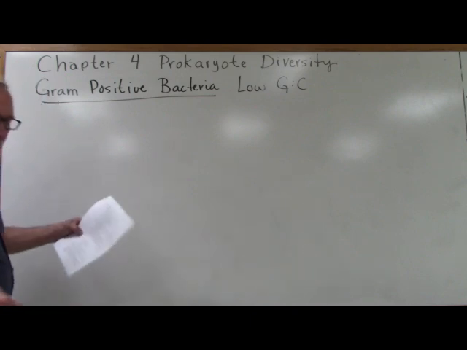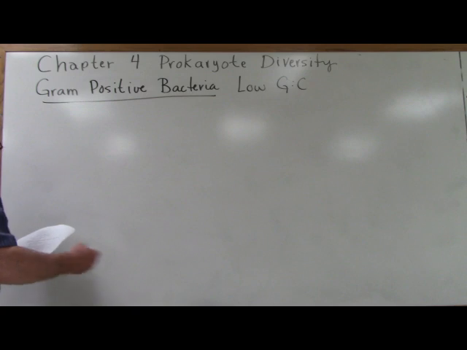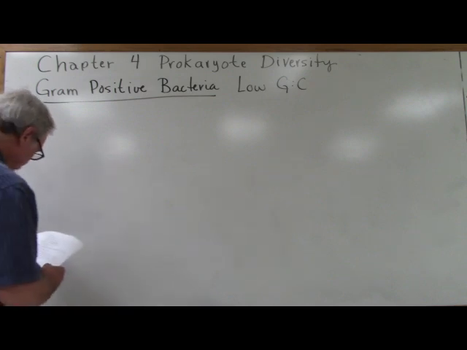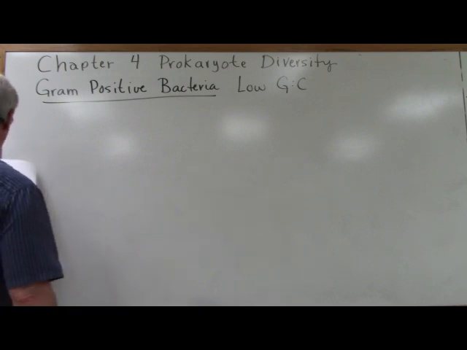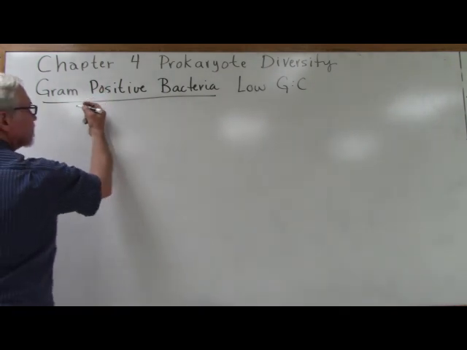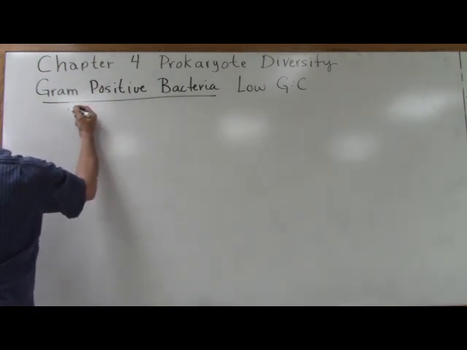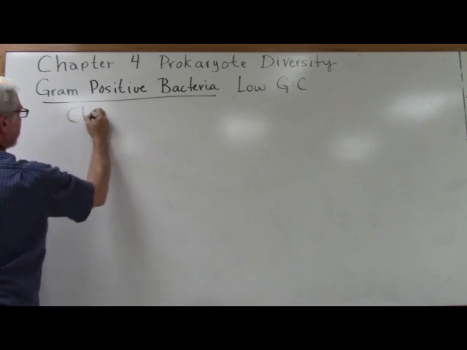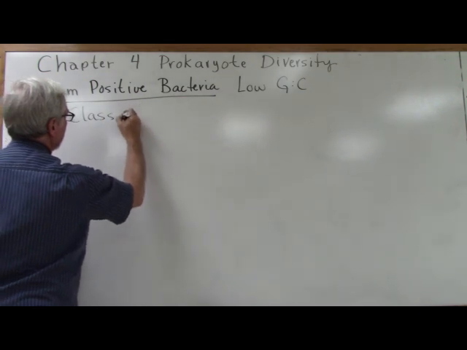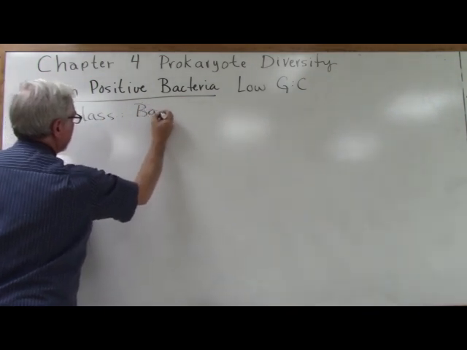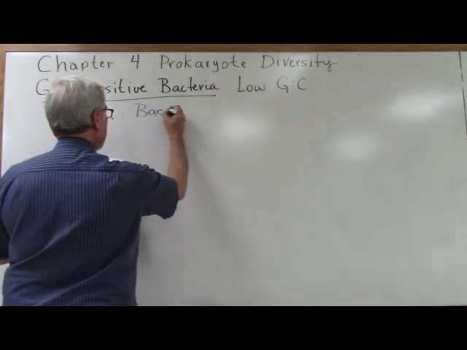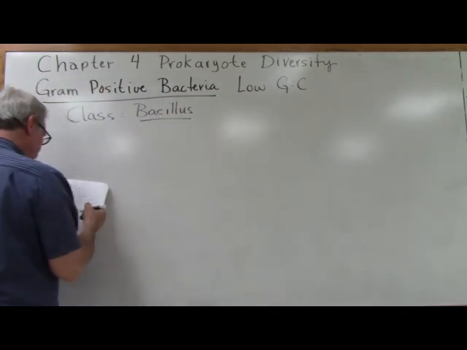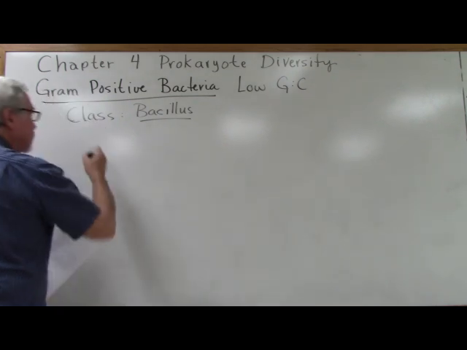Organisms that produce endospores, remember them as a group, gram-positive group, gram-negative group. Non-pathogens group. Anyway, so next up, gram-positive low GC bacteria is the members of the class Bacilli. Bacillus, that is. Genus Bacillus.